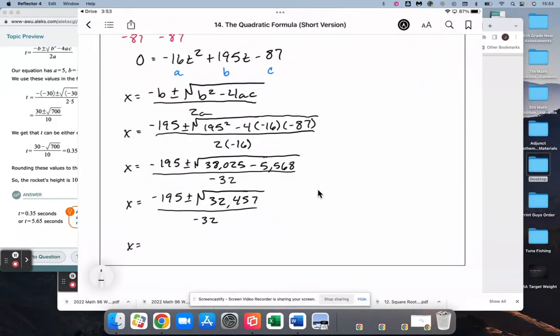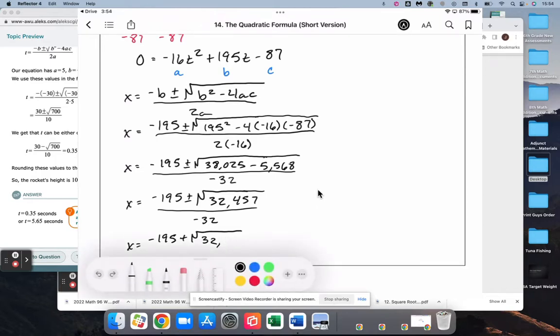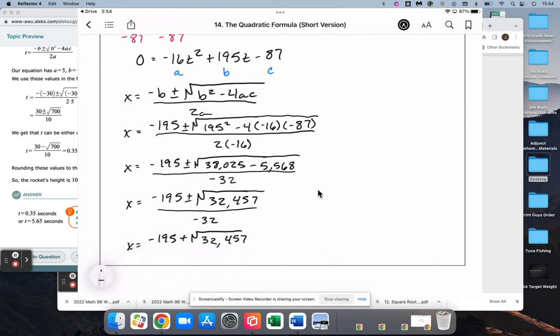Recognizing that Alex is going to want this written as x is equal to negative 195 plus the square root of 32,457 over negative 32, or negative 195 minus the square root of 32,457 over negative 32.